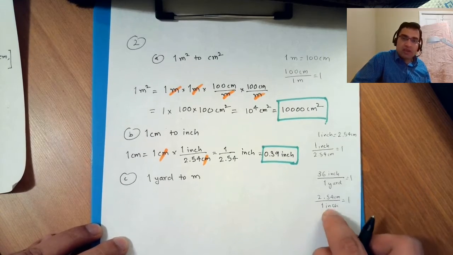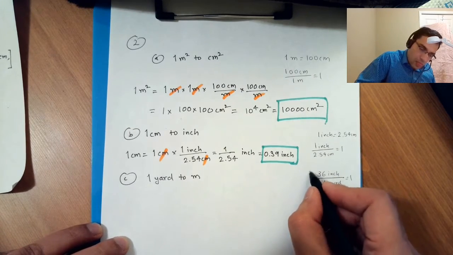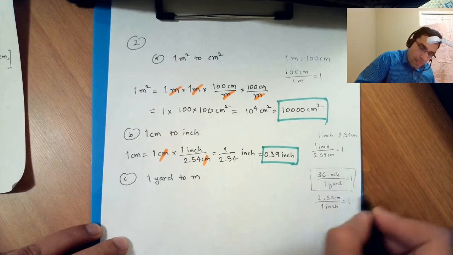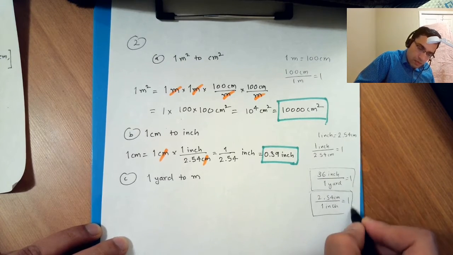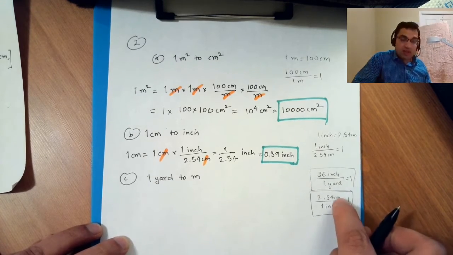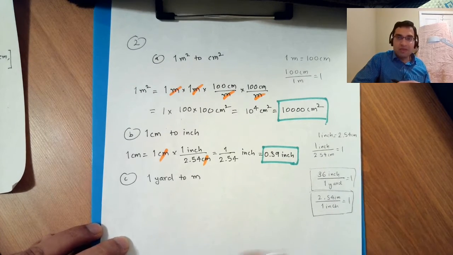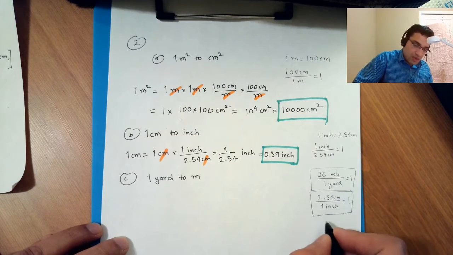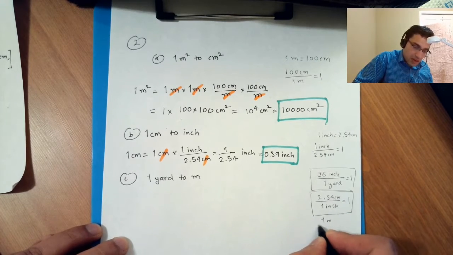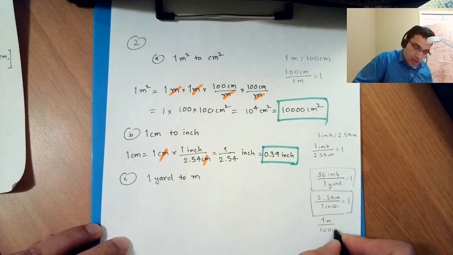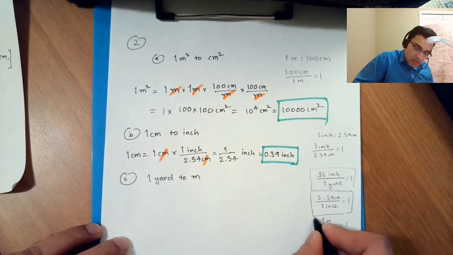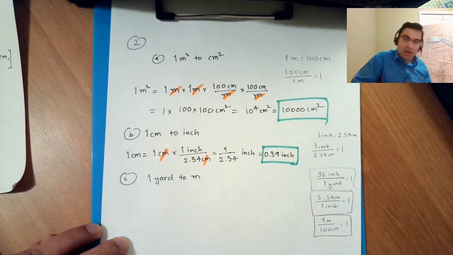You see, this will get rid of inch, but it'll give you a centimeter. So now you can get rid of centimeter by using the remaining relation, which is 1 meter divided by 100 centimeter equals 1. See, this will get rid of centimeter and give you a meter.